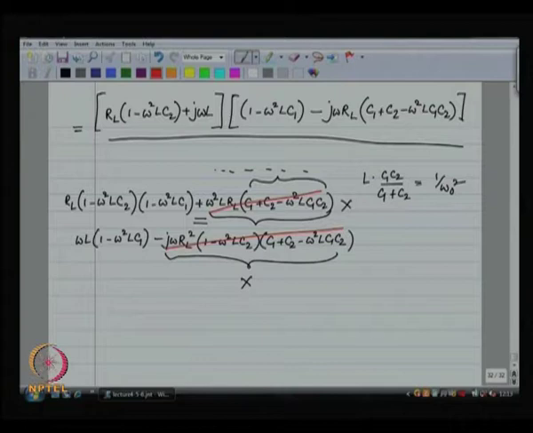Once you throw these two quantities out, you realize that the other two quantities have got to be more or less equal, which means once again we get some cancellation, which means that R L times 1 minus omega squared L C 2 has got to be approximately equal to omega L.